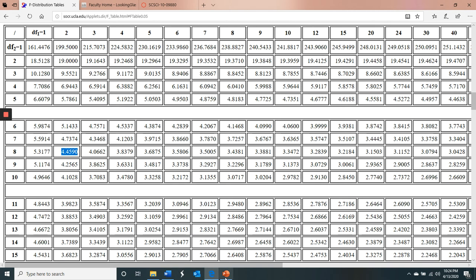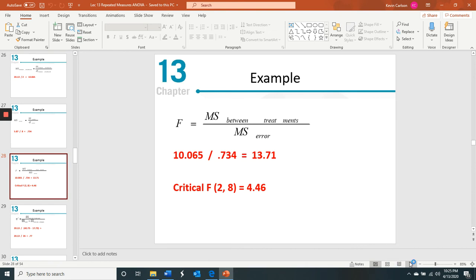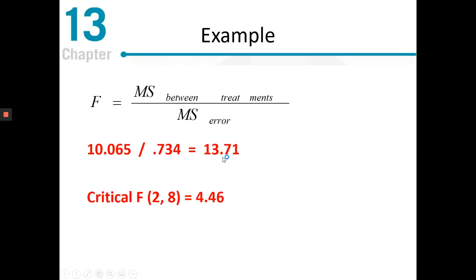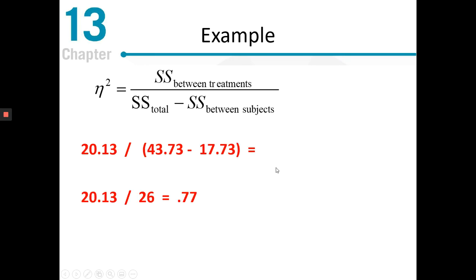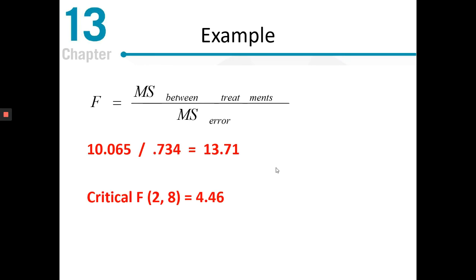I'm going to round it up to 4.46. And so our calculated F is greater than the value in the table, and that means we reject the H0. So we reject the H0. There is an effect of the drug on positive emotion.